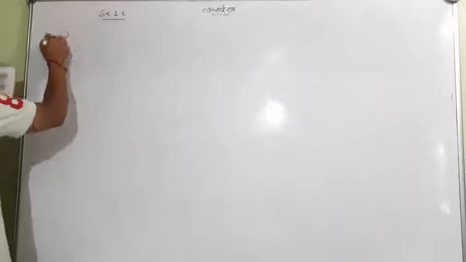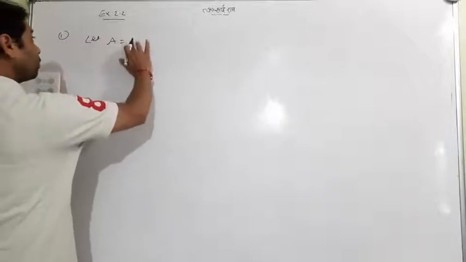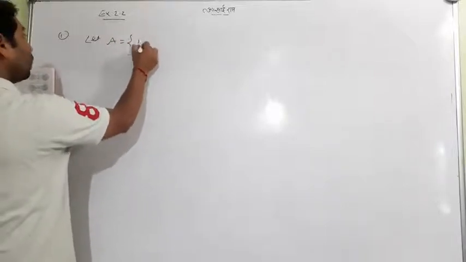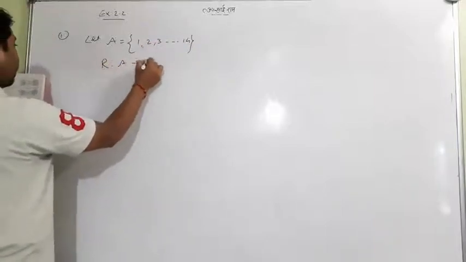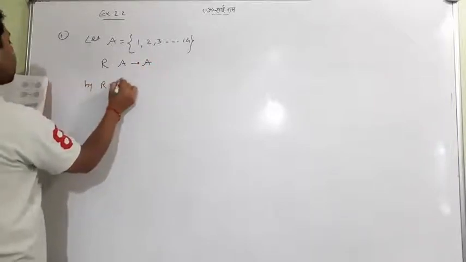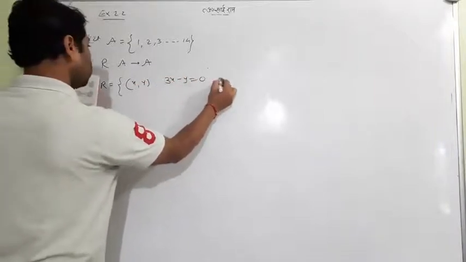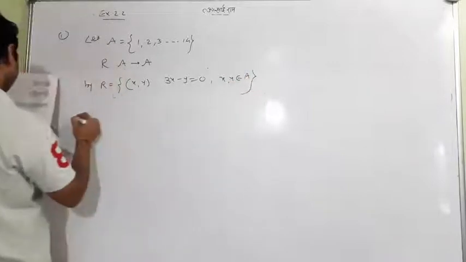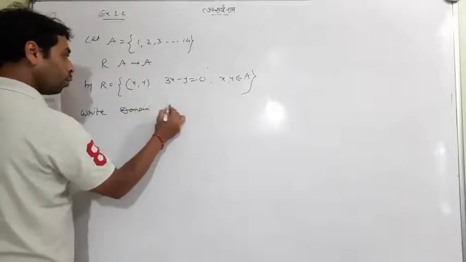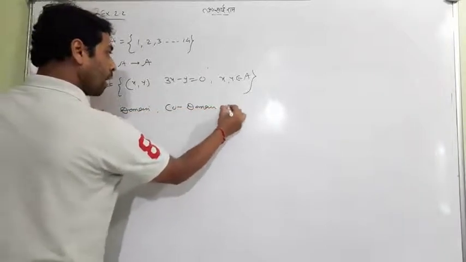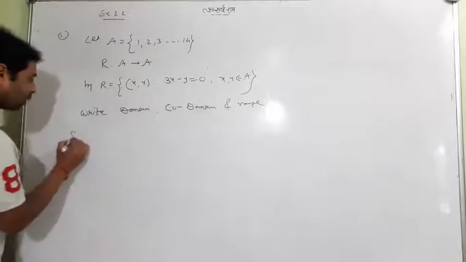Let me take the first question for practice. The question says: A is equal to 1, 2, 3 up to 14, and a relation from A to A is defined by R equal to (x, y) such that 3x minus y is equal to 0, where x and y both belong to A. Write down the domain, codomain and range. So again a very easy question.